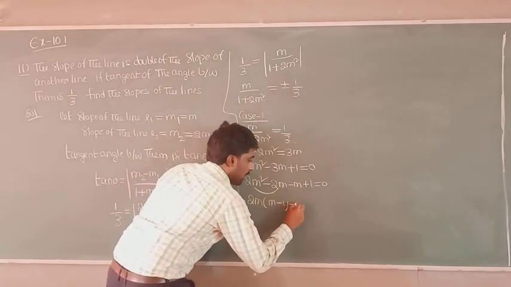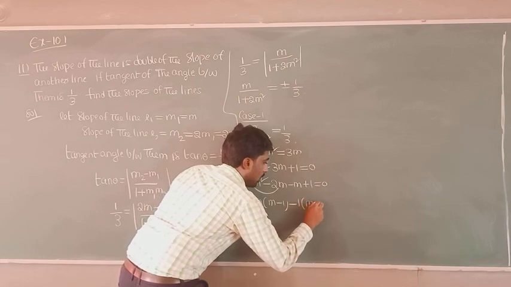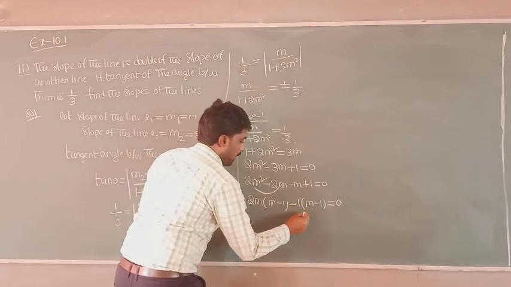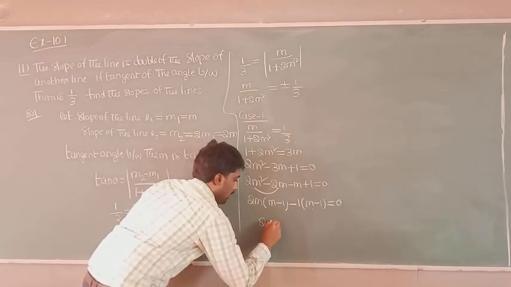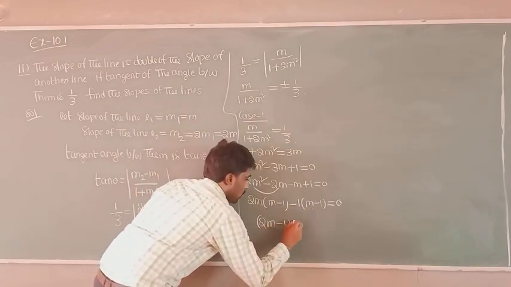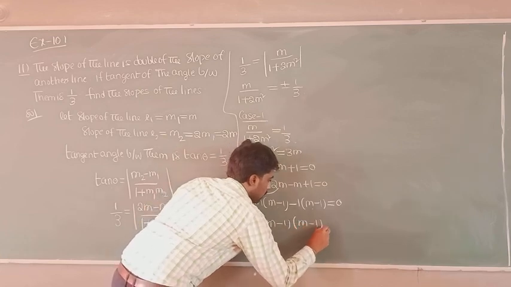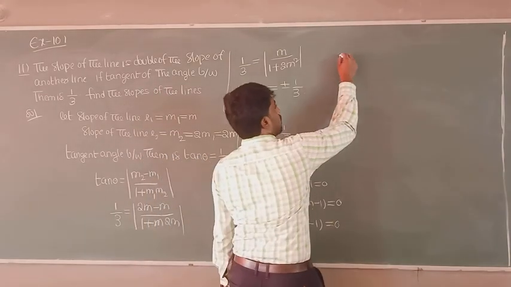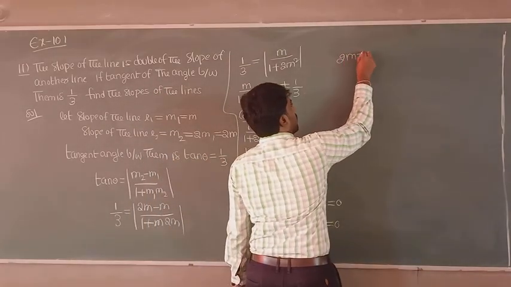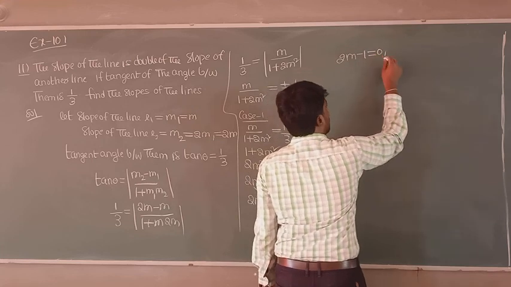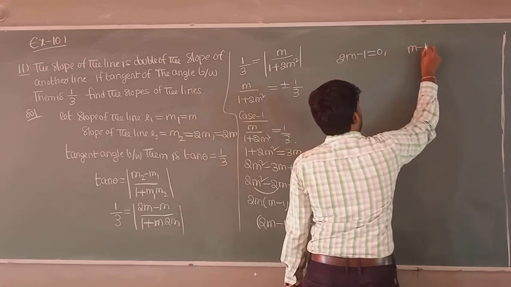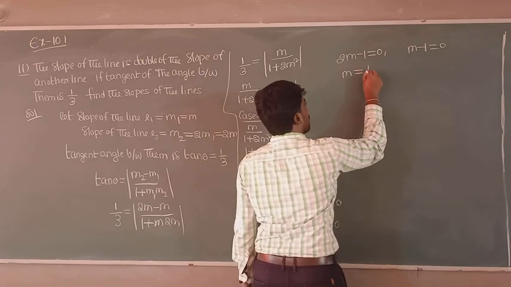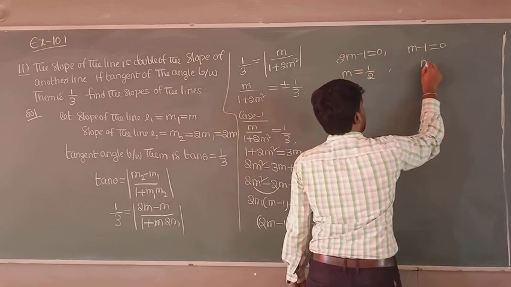From the last two, if I take minus 1 common, I get minus 1 into (m minus 1), which equals 0. Taking (m minus 1) common, I get (2m minus 1) into (m minus 1) equals 0. Here 2m minus 1 equals 0, and m minus 1 equals 0. So m equals 1/2, and m equals 1.